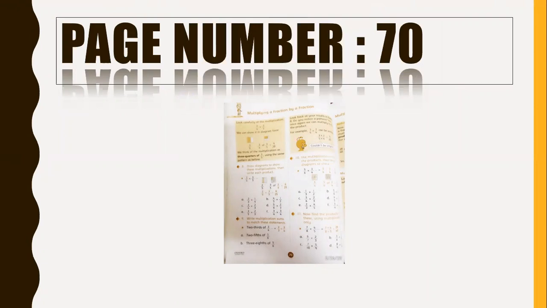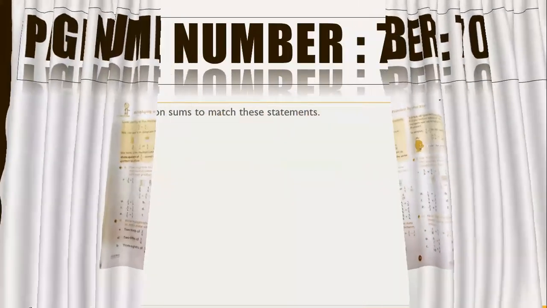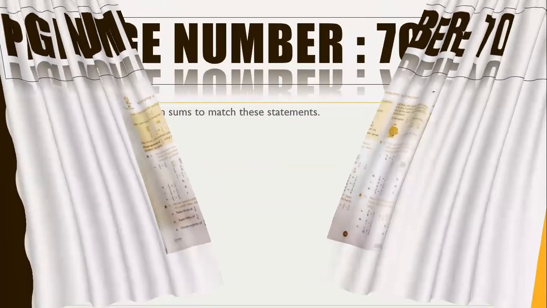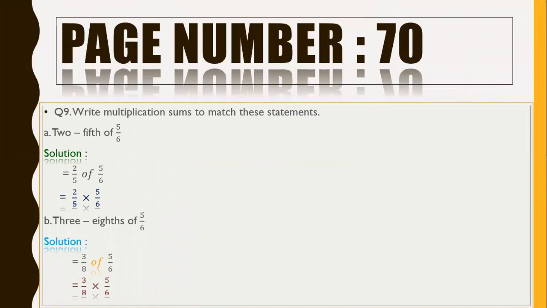9 and 11 are included in our scheme. In question 9, 2 parts are here, and in question 11, 4 parts are given, and all these parts are included. Question number 9 is: write multiplication sums to match these statements.